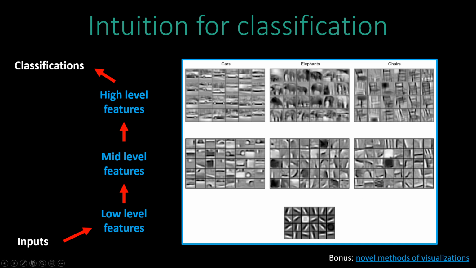However, in the mid-level and the high level, we can see that they are specializing for detecting, I don't know, car parts, elephant parts. So a lot of like, okay, this is an elephant behind, I guess, or something like chair parts, and then actually getting some high-level concept in these later stages.